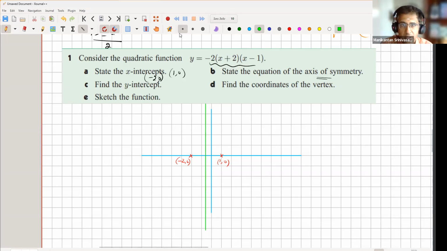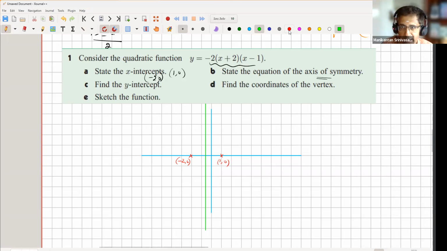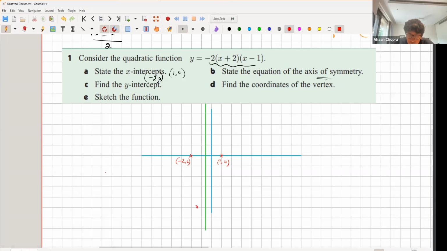Right? Yes. And therefore, what is this axis of symmetry? Can you call out what the axis of symmetry is? This vertical line has an equation of what? The equation of the vertical line, the vertical green line. Any vertical line is x equal to something, right? So maybe I'll help you.